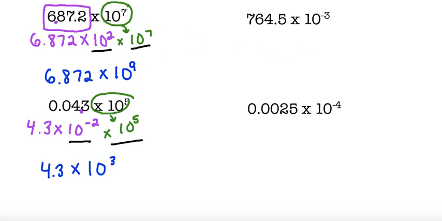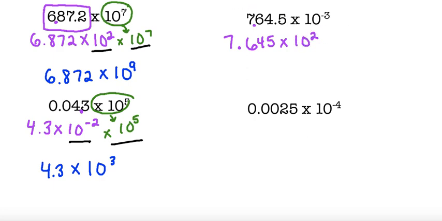And then we're going to do the same thing over here for these. So in order for this value here to be in scientific notation, the decimal has to be between the 7 and the 6. So that's the same thing as 7 645 thousandths times 10 to the power of 2.